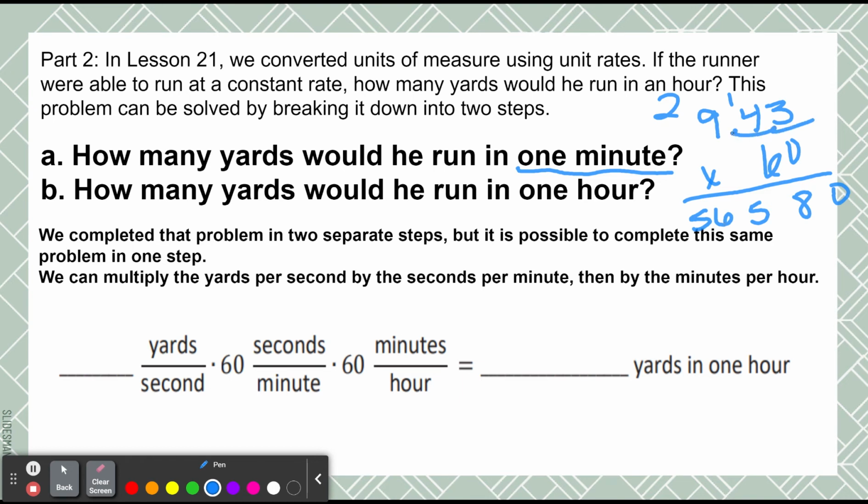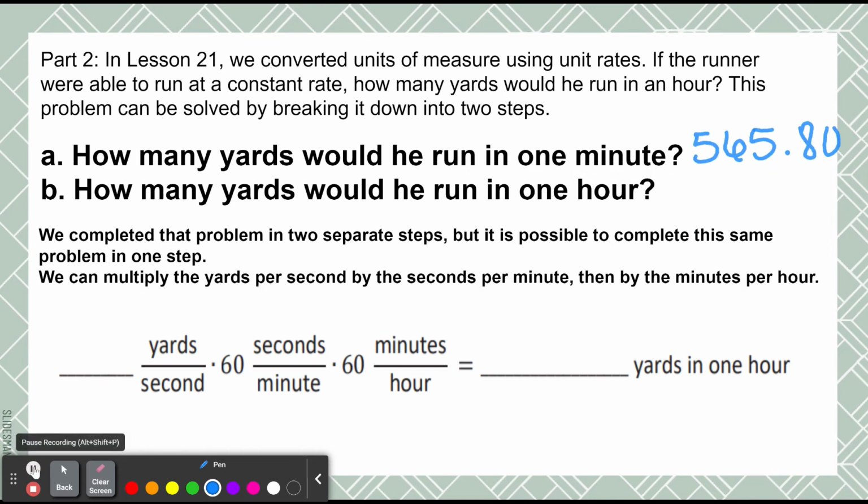Now I have 2 decimal places, so that means 565.80 yards he would run in 1 minute.